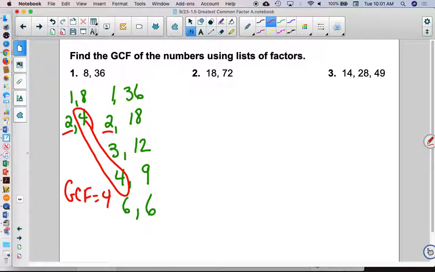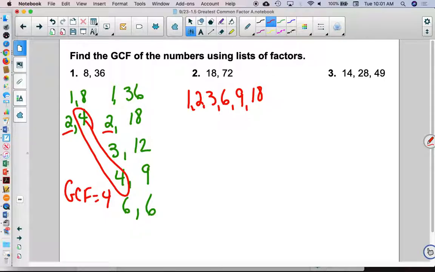And if you list them, like what we started a while ago with the 1 and 18 and 2 and 9 and 3 and 6, is that all of those for 18? Okay.